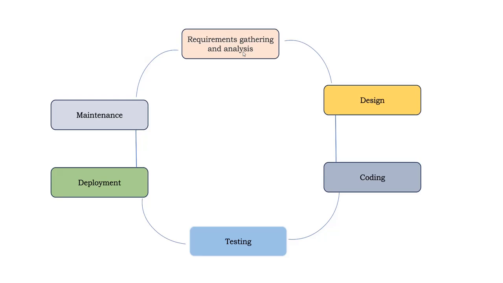First, you have to understand what his requirement is and what he is looking for. So you have to sit with your client and understand what his need is. That is done as part of requirement gathering and analysis. You also have to analyze whether the requirement is doable or not. That is another step, which is the feasibility study.